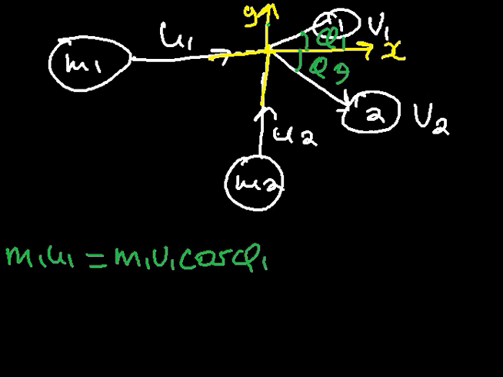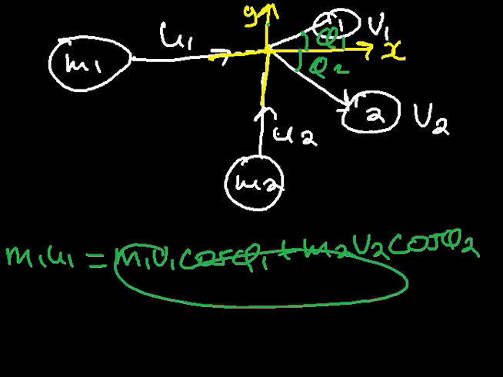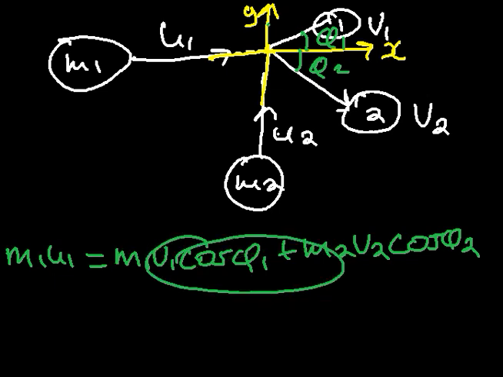The x component for this object is also going towards the positive direction, so it will be positive m2 v2 cos theta 2. Now this is the momentum conservation along the x-axis.